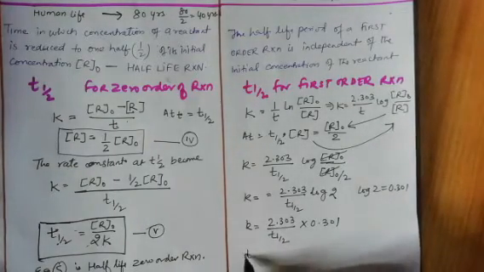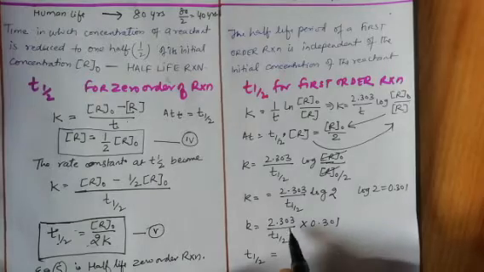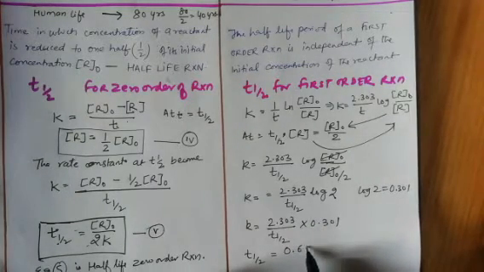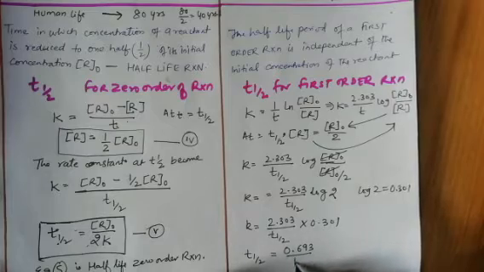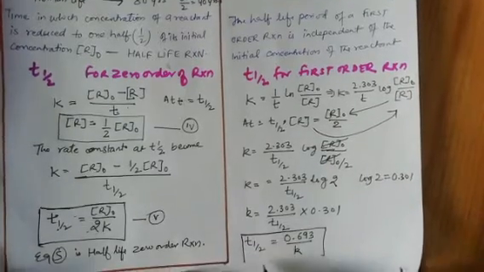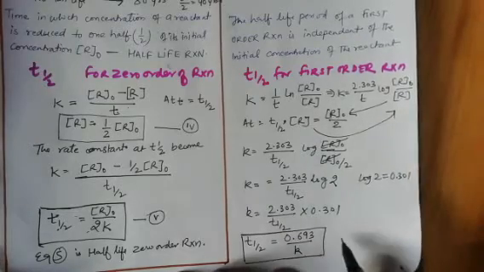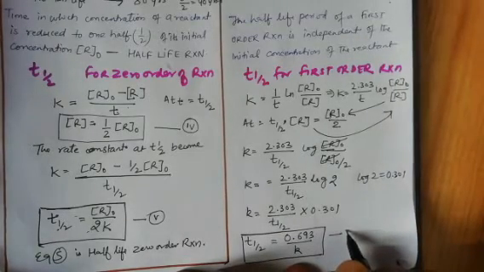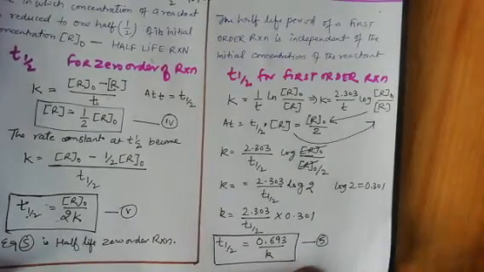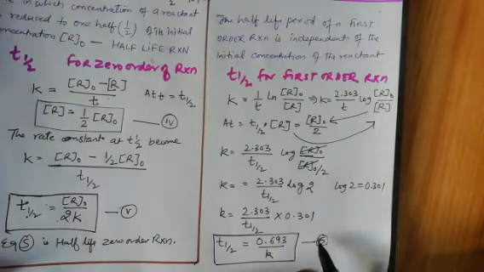So now t half becomes, when we multiply these two values, 0.693 upon k. So this is the equation for half-life, equation 5, and this equation is called the half-life for first order reaction.